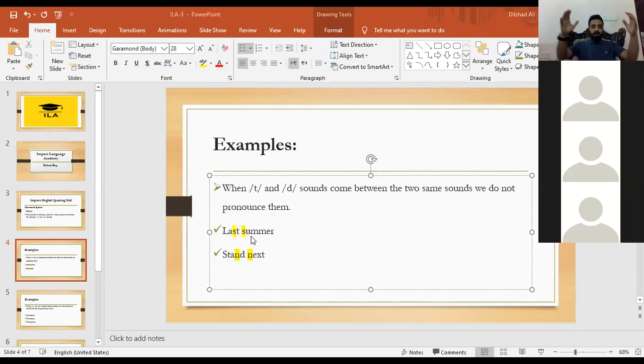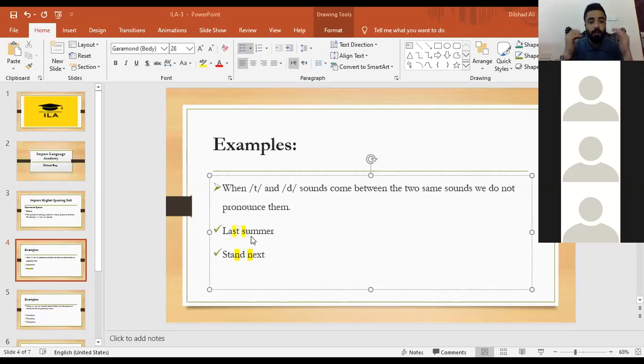So, guys, as Miss Barin explained, we have a T sound between two S sounds, so we do not pronounce the T sound. It will be last summer. You will say only one S. Why? Because they are the same.